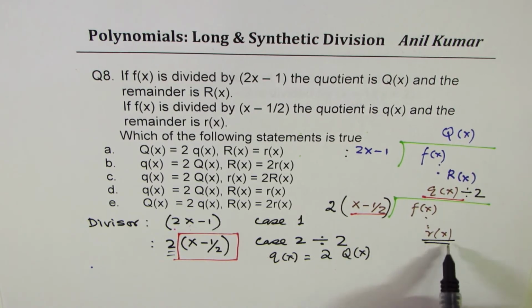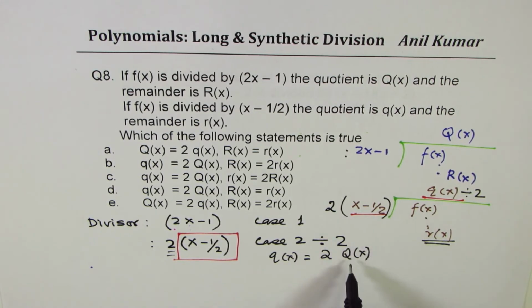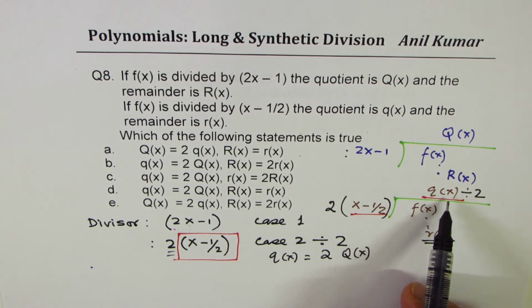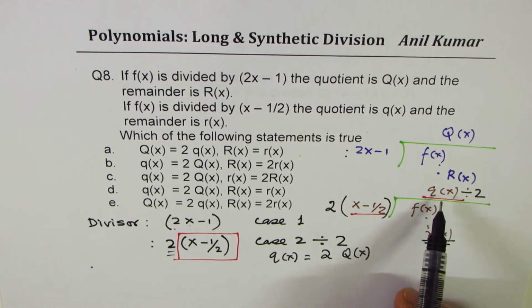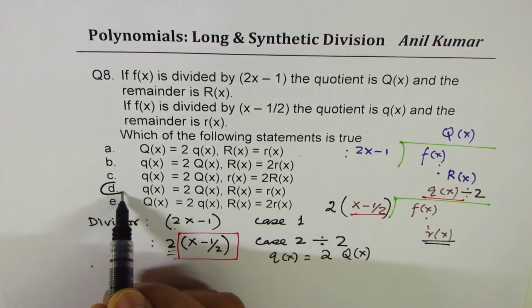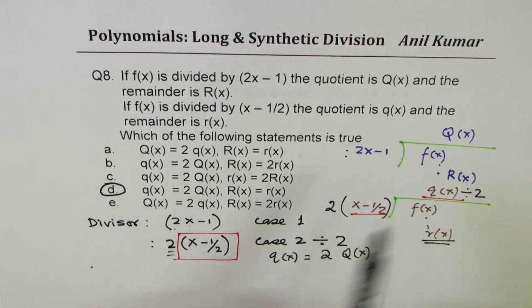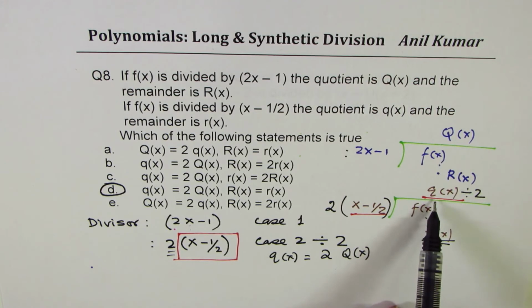However, the remainder will be the same, right? So the remainder remains the same when you divide by this, but the quotient is double. So q of x is twice capital Q of x. So the correct answer is option D. q of x is twice the quotient which you got earlier. So to get the final answer, you should divide this by 2. So I hope this is clear, right?